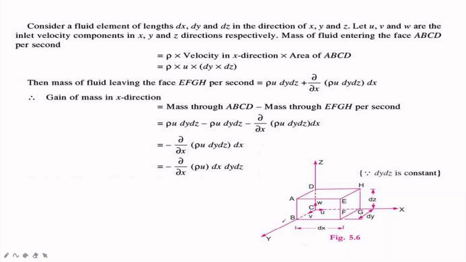Now ABCD is entered. Then what is the mass which is leaving the element? The mass of the fluid leaving the face EFGH per second is equal to, when it comes to EFGH, what happens? This remains the same, rho u into dy into dz, because the fluid entered from this face.